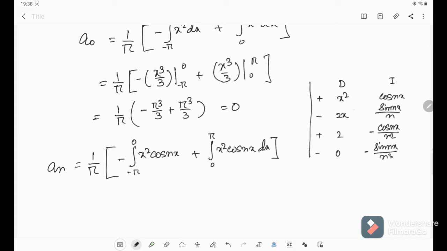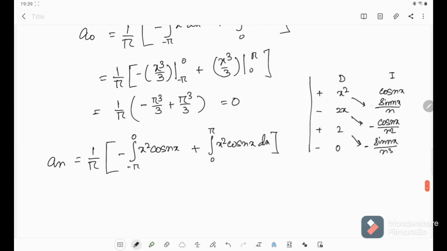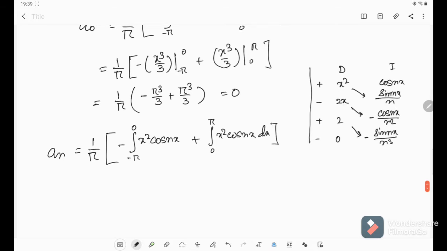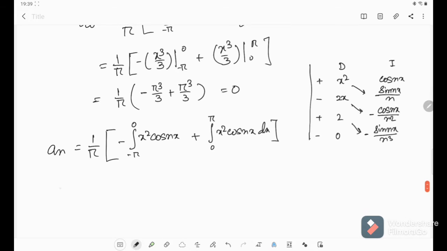So the integration value will be like this multiplied by this, multiplied by this, multiplied by this. I have shown this process in my previous videos, so if you don't know, you can check the videos also.